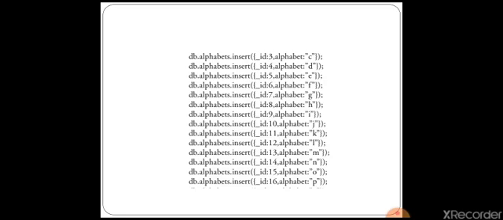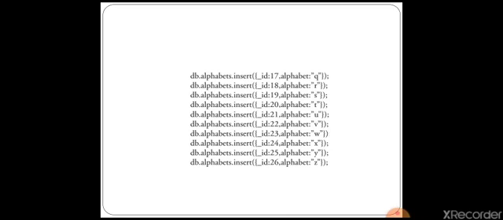See, first db.alphabet.insert _id 1, alphabet A. It means the first document's ID is 1, alphabet is A. Second, db.alphabet.insert _id 2 and alphabet B. In this way it will repeat up to Z. Like db.alphabet.insert _id 15 alphabet O, _id 16 alphabet P, and it will end at _id 26 and alphabet Z.